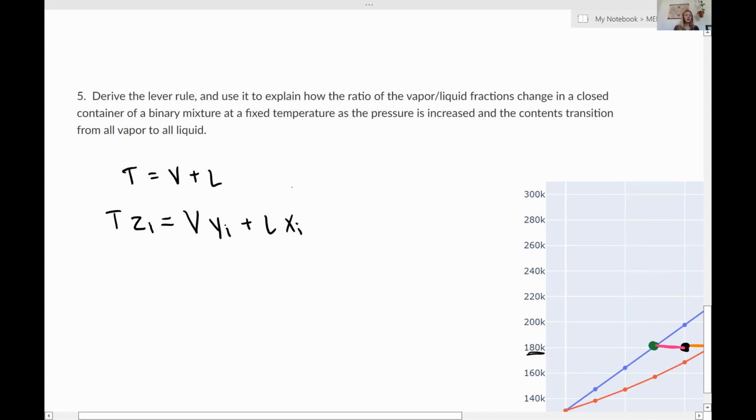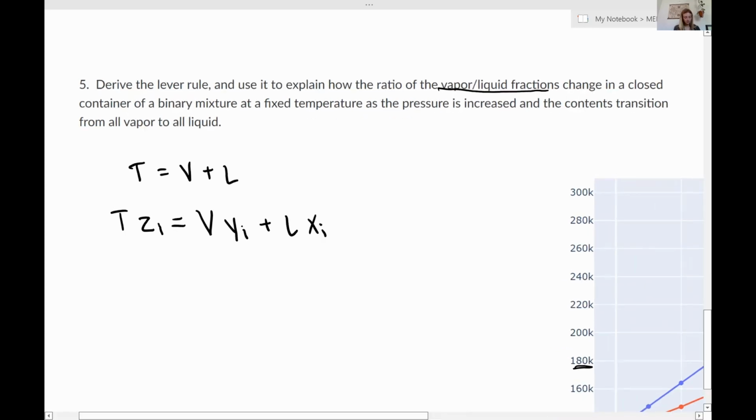So because we want this to be as a vapor-liquid ratio, like we have up here, vapor-liquid fraction, what we want to do is get some sort of equation with V over L, which is going to be unitless.